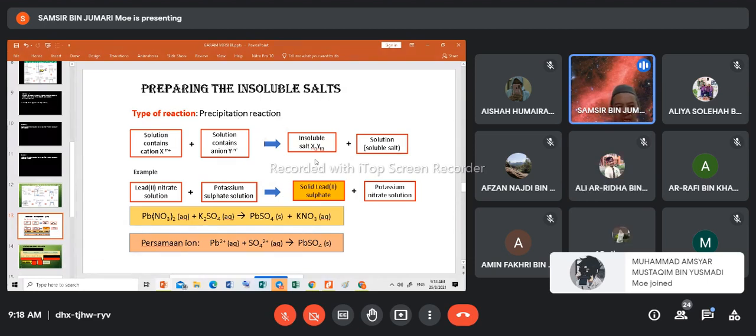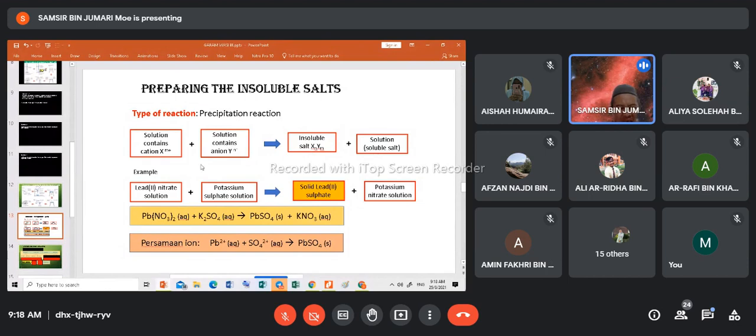To prepare an insoluble salt, for example with cation X and anion Y, you must have a solution containing cation X and a solution containing anion Y, so that we can produce the insoluble salt XY.